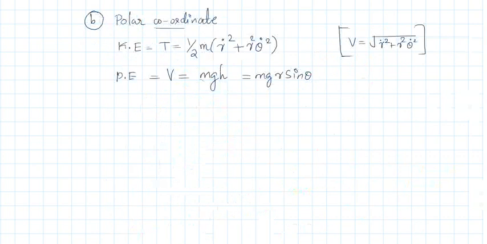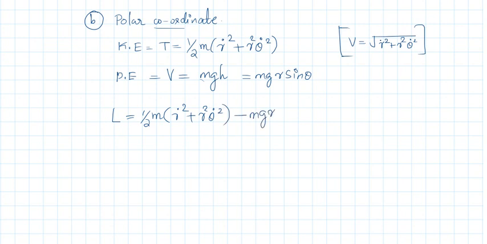So the Lagrangian is half m (ṙ² + r²θ̇²) minus mg r sin θ. So I can say that L is a function of r, θ, ṙ, θ̇. Okay, there are no cyclic coordinates. None of the coordinates are cyclic.